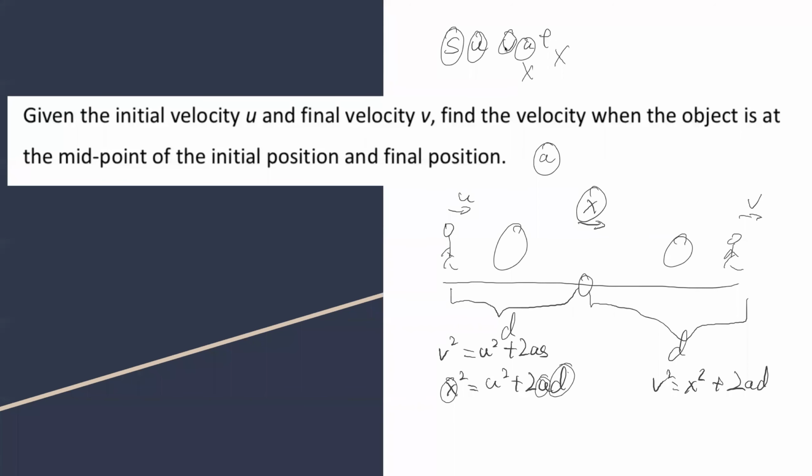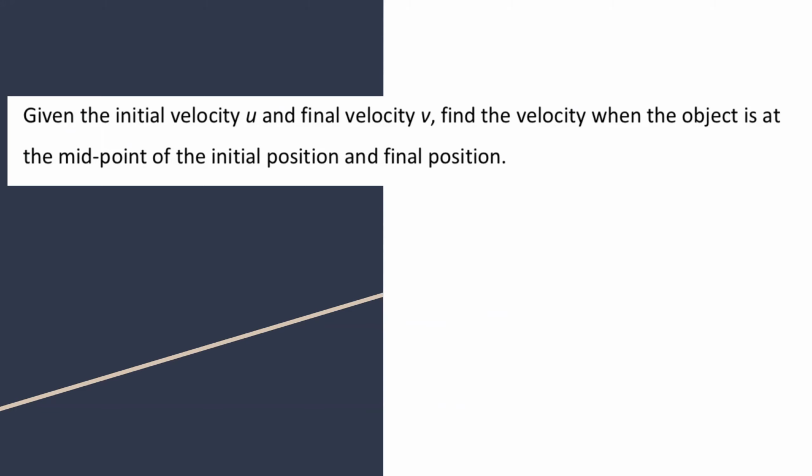Actually, we only have 2 variables that are unknown here, because a is just given, because we have to express the answer in terms of a as well. So you can solve these 2 equations, solve for x and d, and I think that's it. That's it for this problem.